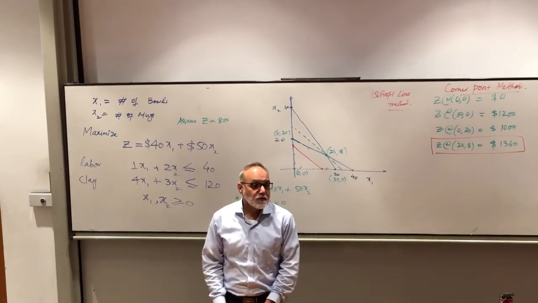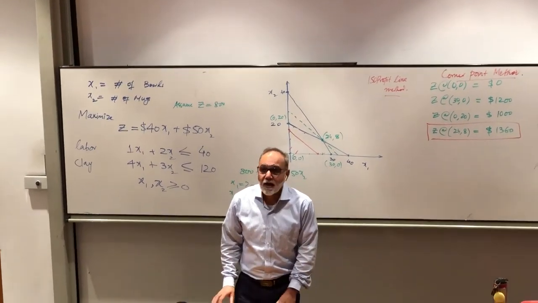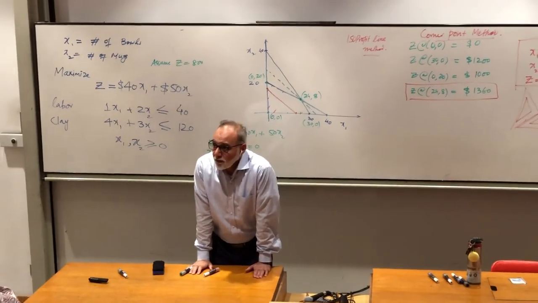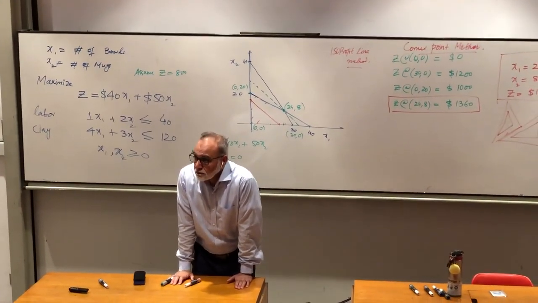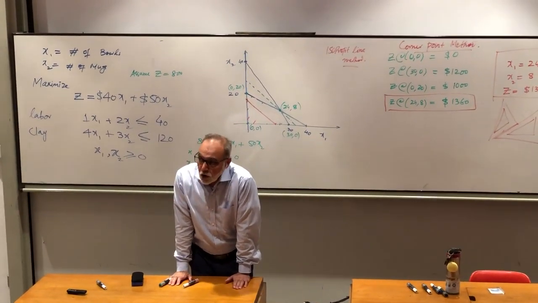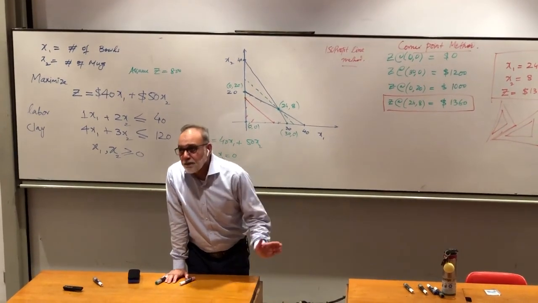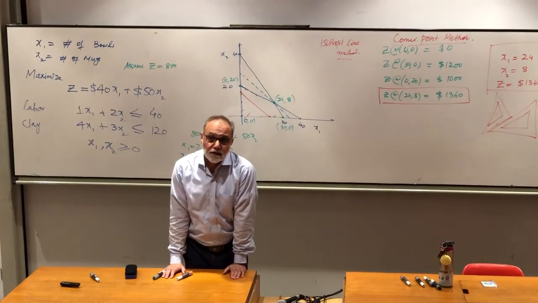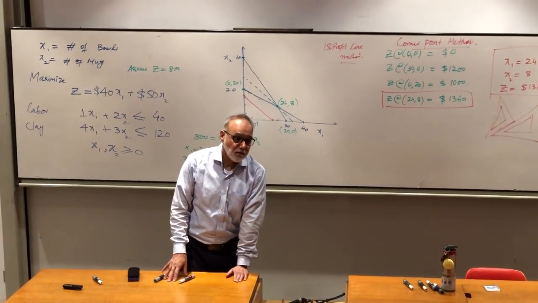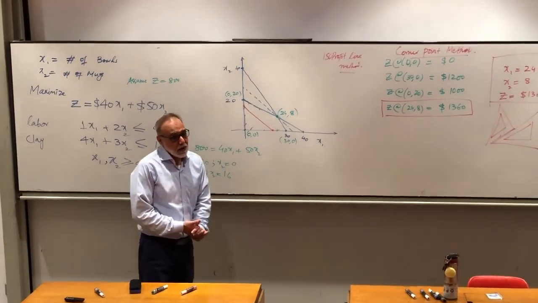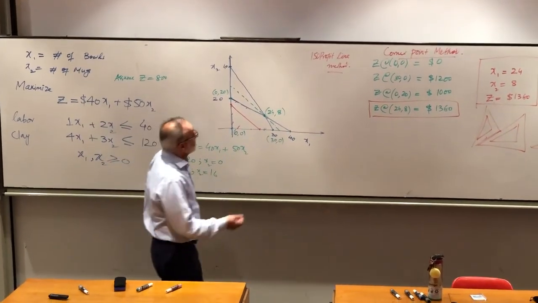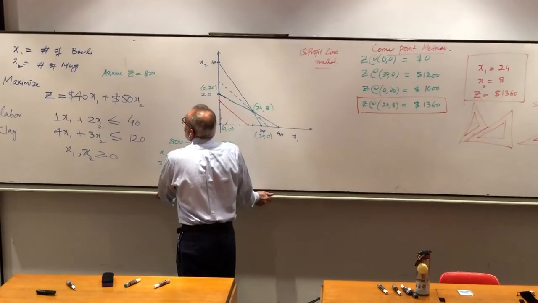So this is called the isoprofit line method. Two methods: either solve the corner points, or draw an isoprofit line and move it parallel, away from the origin, until the last point hit in the feasible region is your answer. Clear? So we will now go through this very quickly.